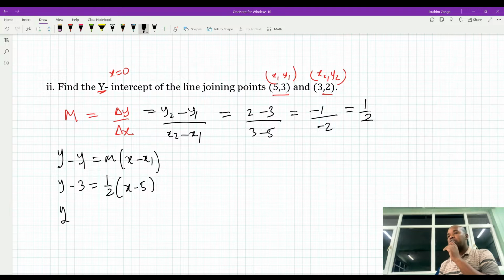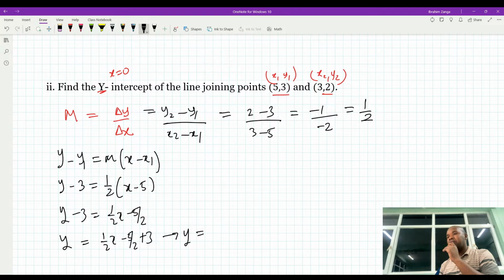When you open the bracket, you'll have y minus 3 equals a half x minus 5 over 2. So eventually y will be 1 over 2 x minus 5 over 2 plus 3. Eventually this will be y equals a half x, will be actually plus, I apologize, because 5 over 2 is 2.5, so plus a half.